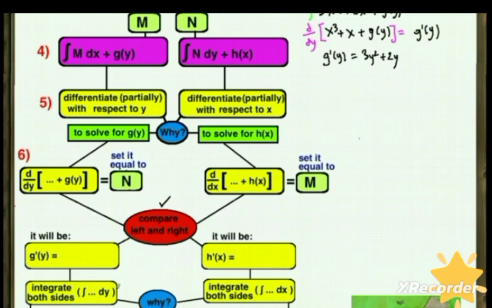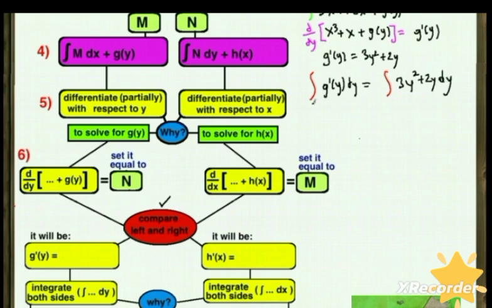Now we're going to integrate both sides with respect to dy, because we want g prime of y to be g of y. So we integrate both sides. Integral g prime of y dy equals integral 3y squared plus 2y dy.